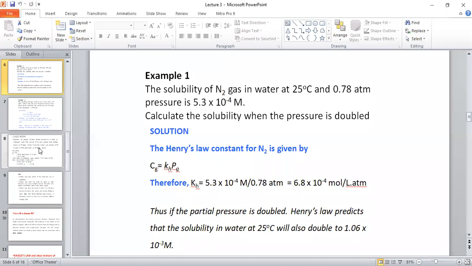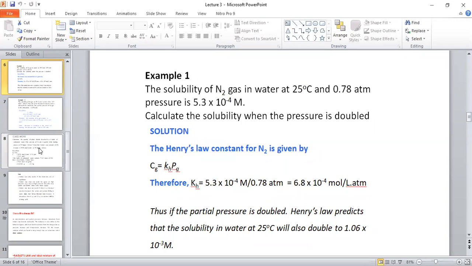Using Henry's law constant for nitrogen, it is given by C gas equals KH times P gas, where C gas is the solubility of the gas, KH is Henry's constant, and P gas is the partial pressure of that gas.